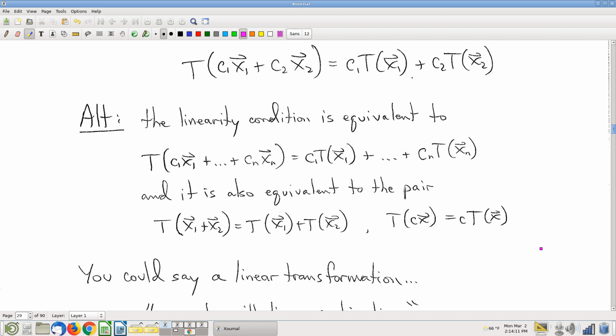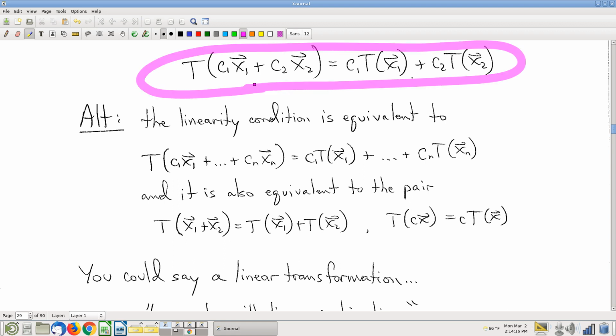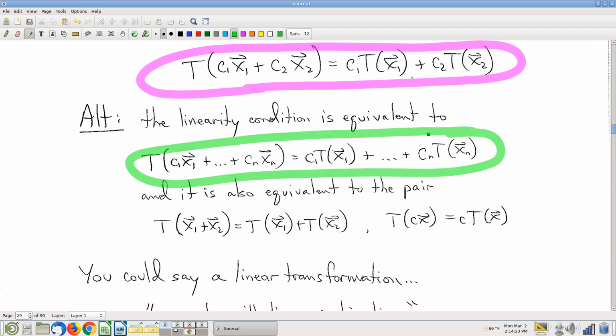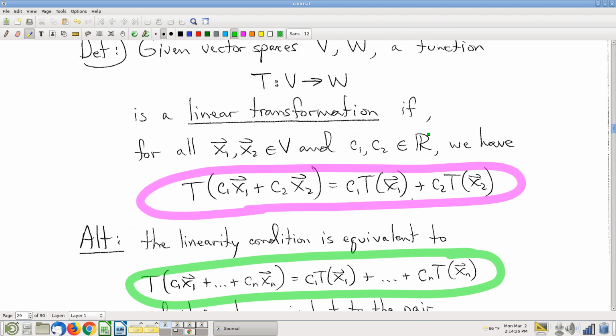Some exercises for y'all to think about. If a function satisfies this condition, it must also satisfy this condition. So if a function takes a linear combination in and gives a linear combination out for linear combinations of 2 vectors, then it will also do the same thing for linear combinations of any number of vectors. And that's not hard to argue.